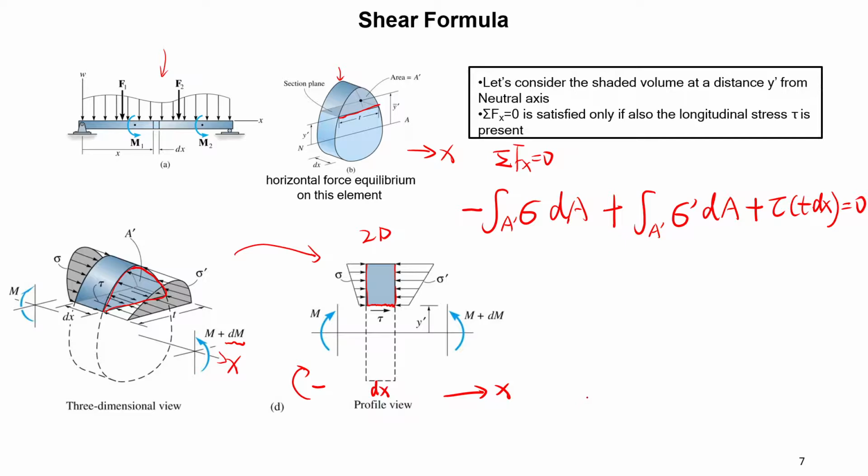Now the question is how to work out this equation, because we have a sigma here. We know the relationship of the bending stress. Sigma here is the bending stress, which is equal to the moment over I times the distance y. It depends on the distance from the neutral axis, so at the maximum y, the sigma is also the maximum.